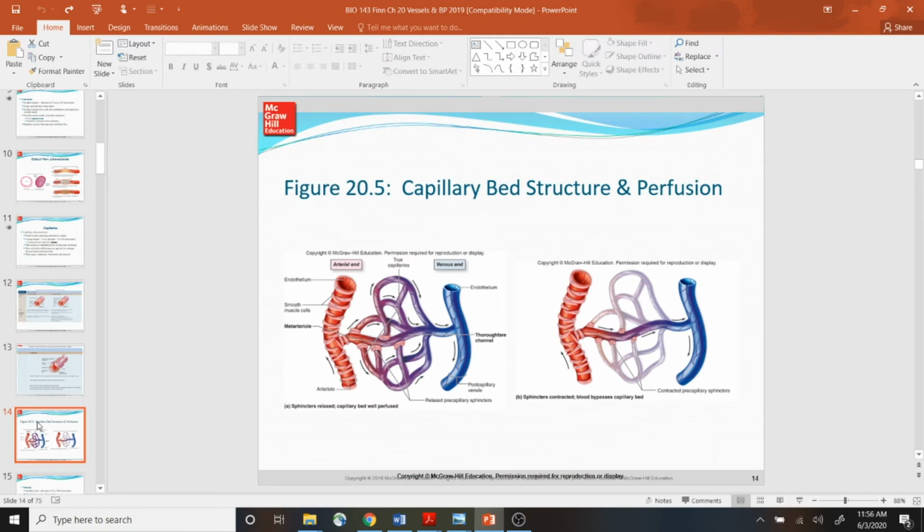So capillary beds are designed for what we call perfusion, or fluid exchange, right? At any given time, when you're looking at these capillary bed structures, only about 1/4 of the capillary beds are open, because there's over 60,000 miles of capillaries.